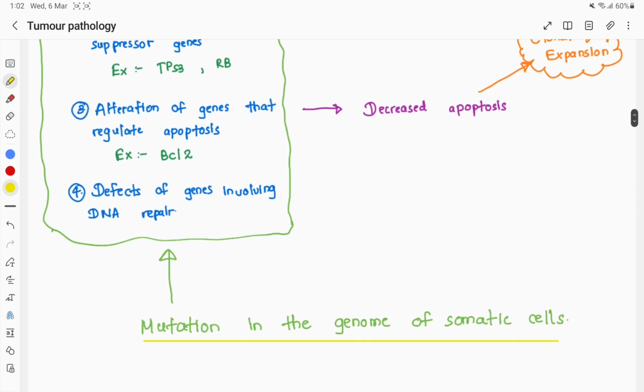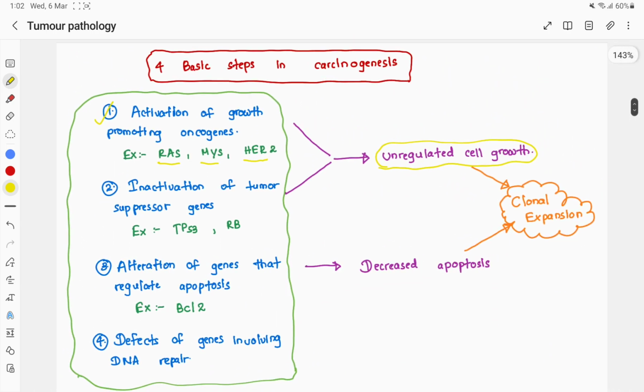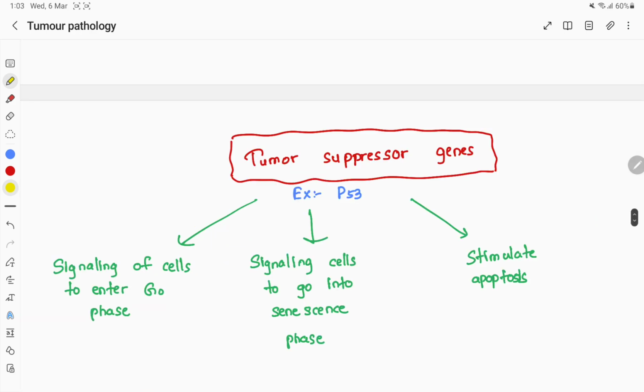Then the second step of carcinogenesis is inactivation of tumor suppressor genes. That means the TP53 and RB genes are inactivated. As I told you earlier, the p53 gene can detect any abnormality in the cell cycle and divert that particular cell into a repairing process, permanent cell cycle arrest or apoptosis.